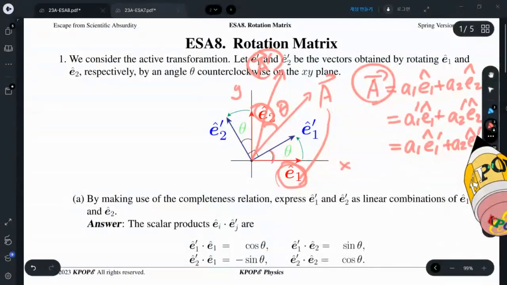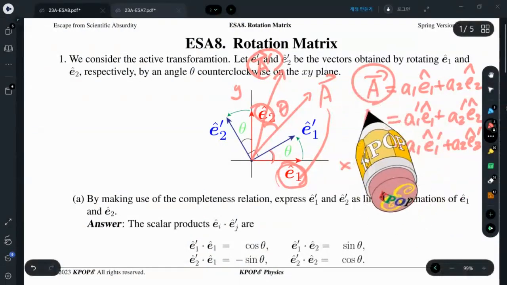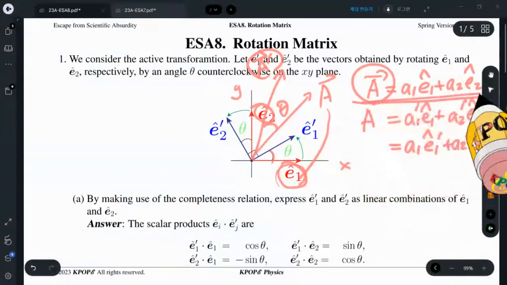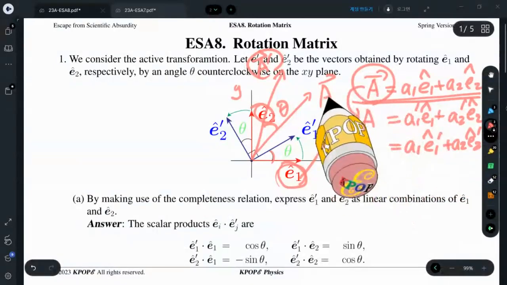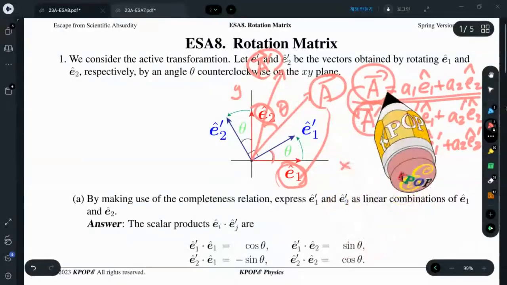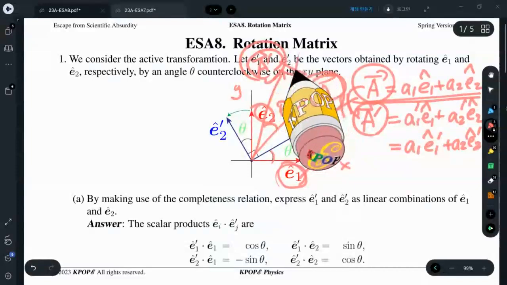It is different from the mathematical approach. The physics approach is this one, because in mathematics, they fix this vector and change the basis. The coordinates also change. In physics, I rotate this vector, so I need to find A prime, which is a different vector. This one and this one, they are different.